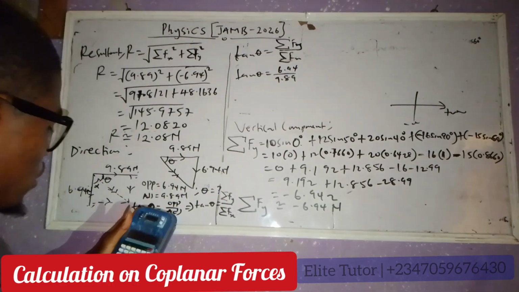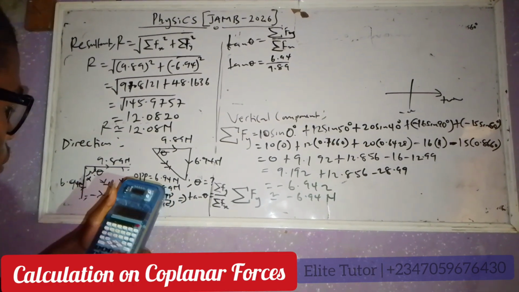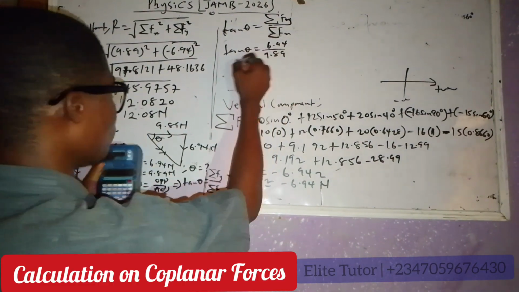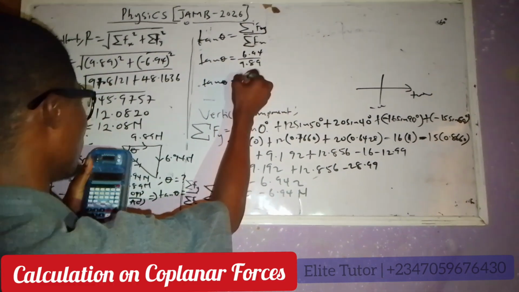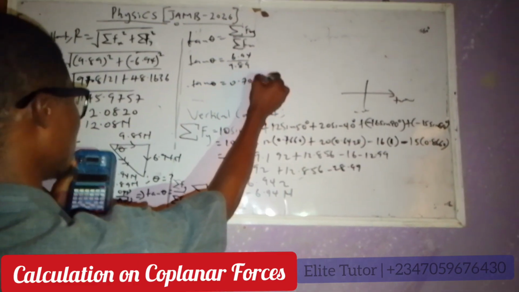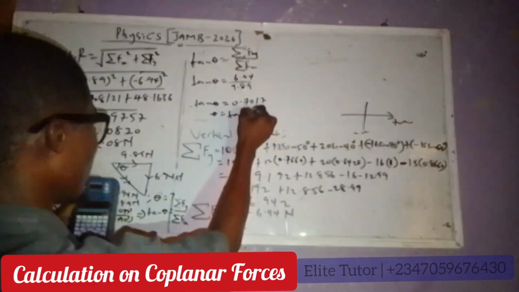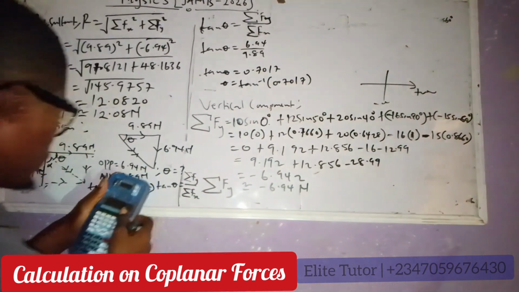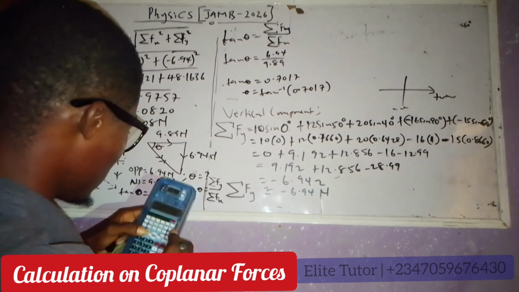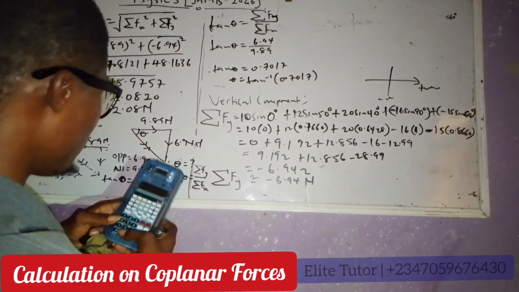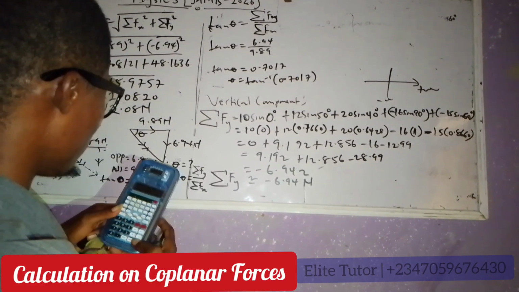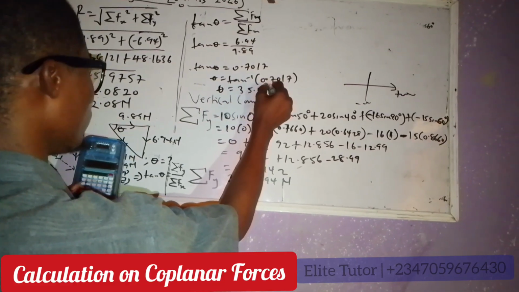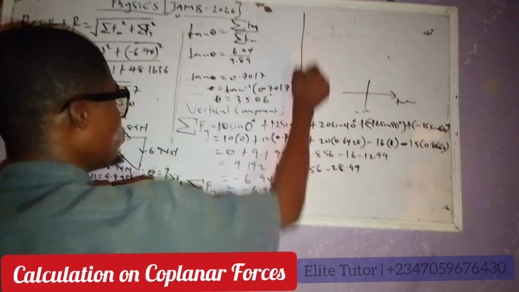So 6.94 divided by 9.89, we end up having tan theta equals 0.7017. So theta equals tan inverse 0.7017. So what was the tan inverse of 0.7017? So we're having theta to be equal to 35.06 degrees. So we're not done.